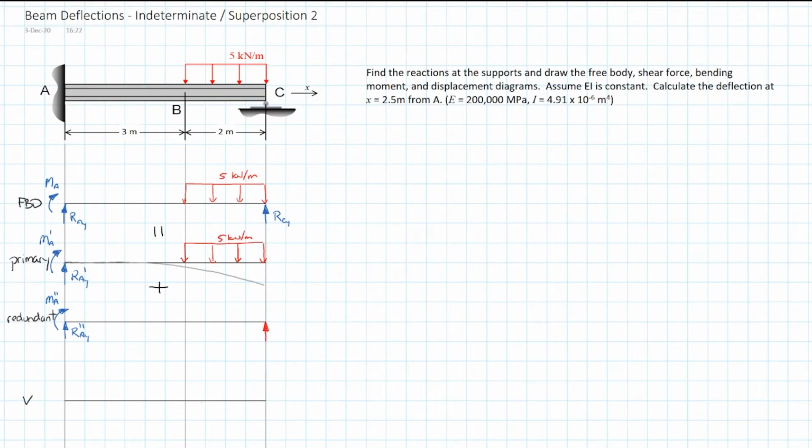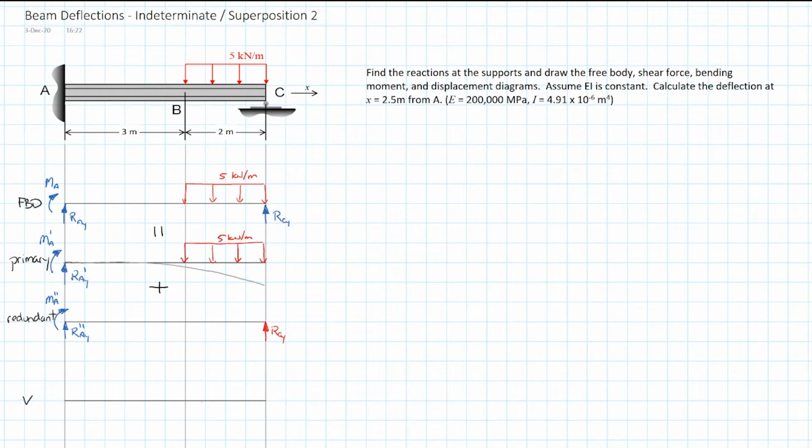Even though it is a reaction, I'm going to treat it in this case as if it was an applied load. I don't need to put a prime or a double prime because there is only the one RCY. So RCY of the redundant system plus nothing added in the primary system equals RCY in the original system. So we're good there. Again, I'm going to approximate my deflected shape.